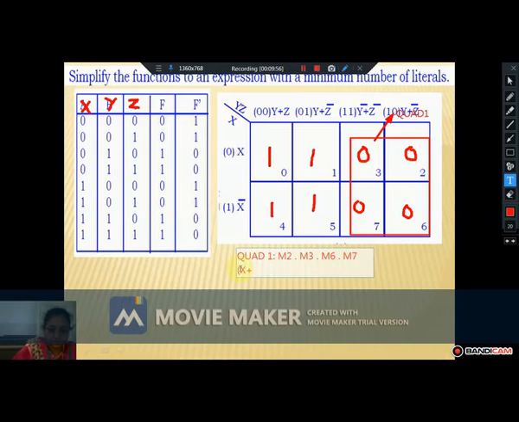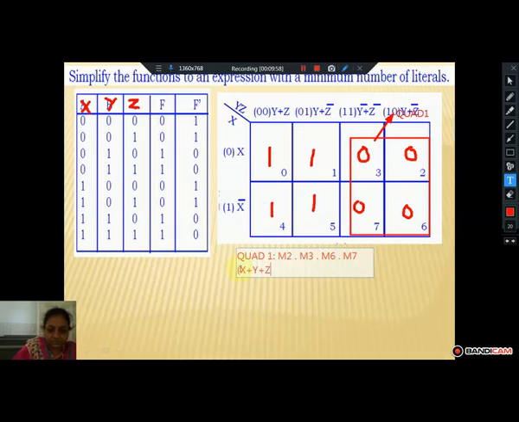So let's write the expression for the same. X plus Y plus Z, we will put the bars later on, ANDed with X plus Y plus Z, ANDed with X plus Y plus Z, ANDed with X plus Y plus Z. Now let's put the bars here.